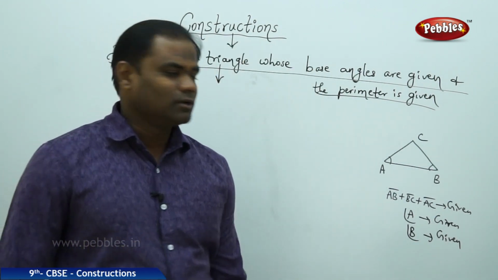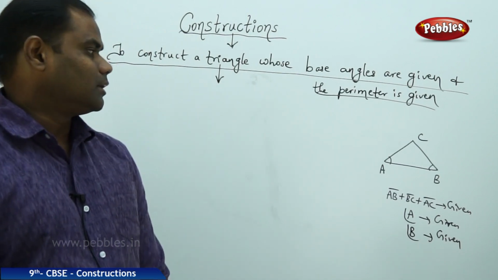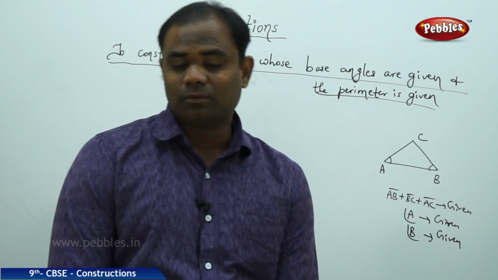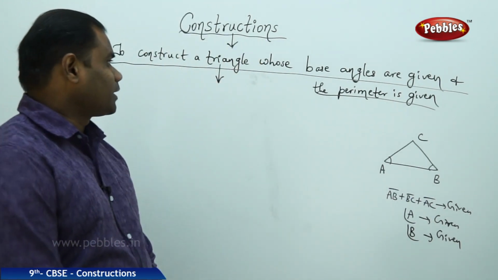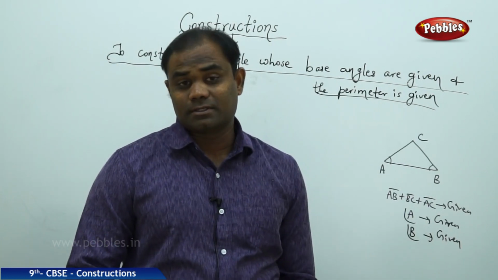This is how we have all the three different things which are given in the triangle ABC.